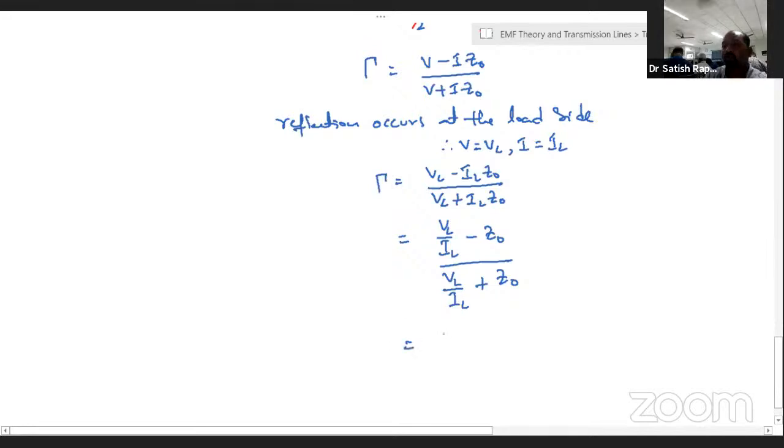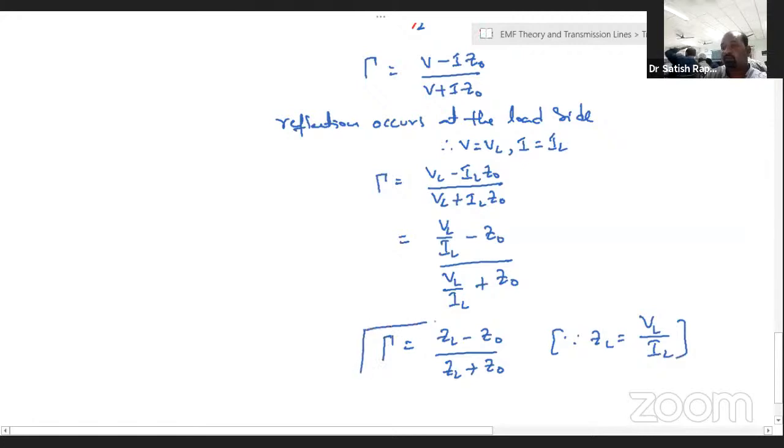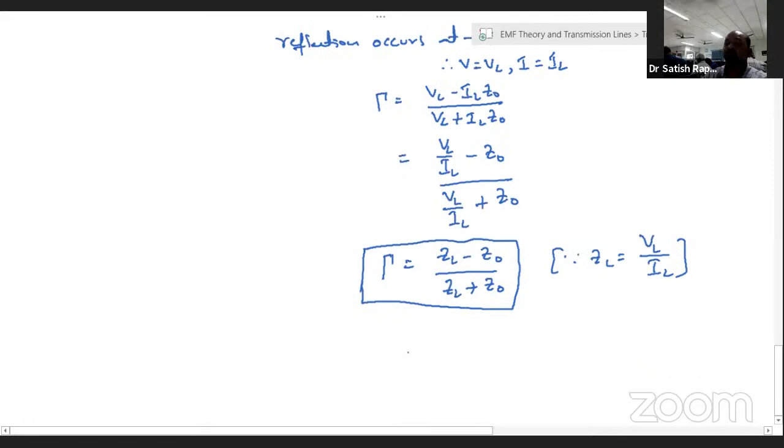And this is equal to ZL minus Z naught divided by ZL plus Z naught, since ZL is equal to VL by IL. So this is the final expression for reflection coefficient: ZL minus Z naught by ZL plus Z naught.